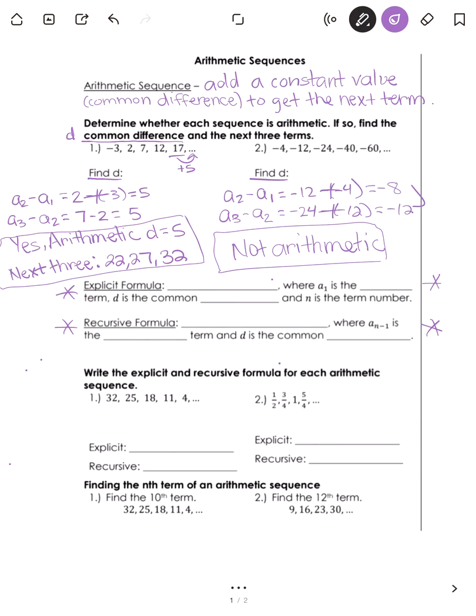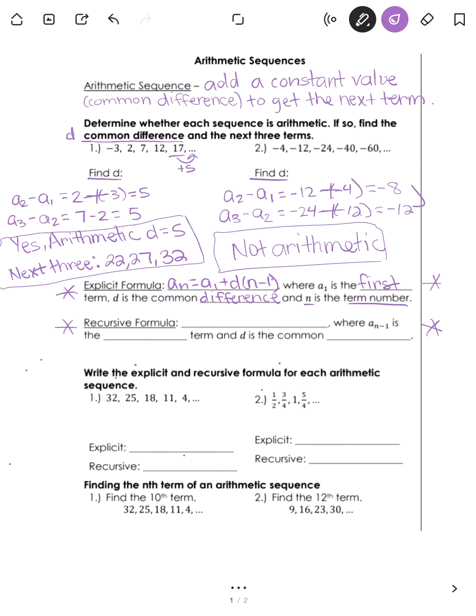The explicit formula is a sub n equals a sub 1 plus the common difference times n minus 1, where a sub 1 is the first term, d is the common difference, as I said, and n is the term number. So like the 20th term, we would put 20. The 35th term, we would put 35.